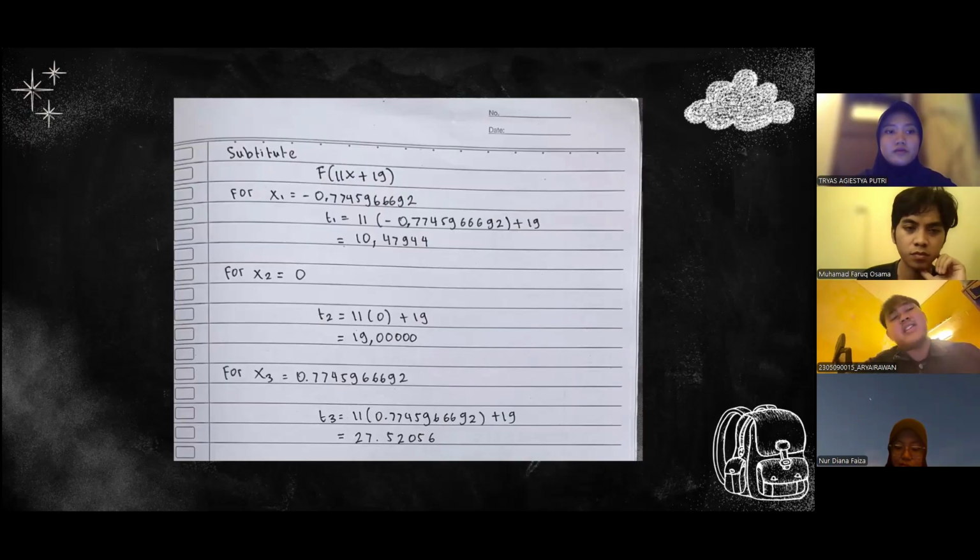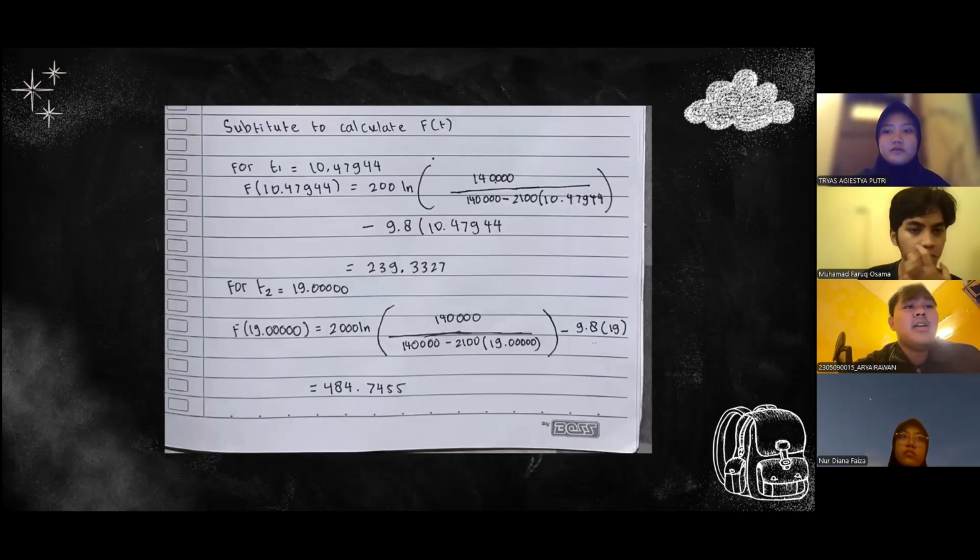After this, we want to calculate the function of t. Okay, next. Substitute to calculate the function of t. For the function of t1, of course we use t1. We just substitute to the formula.